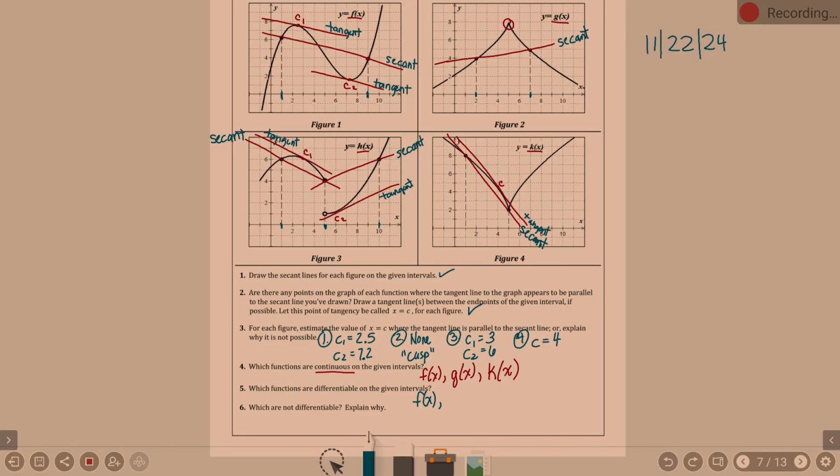I'm not exactly sure how that plays into the intervals, but if you were just doing the whole graph, for one, something has to be continuous to be differentiable. And it's not continuous, so it can't be differentiable. Everything differentiable is continuous. When they tell you in a word problem this is differentiable, you assume that means it's continuous. If they tell you it's continuous, you still have a question of differentiable. What about figure 4?